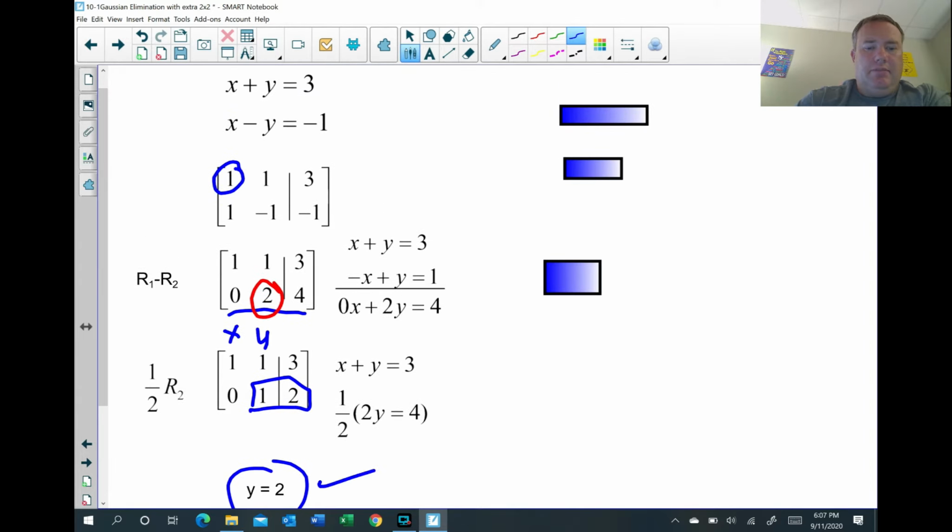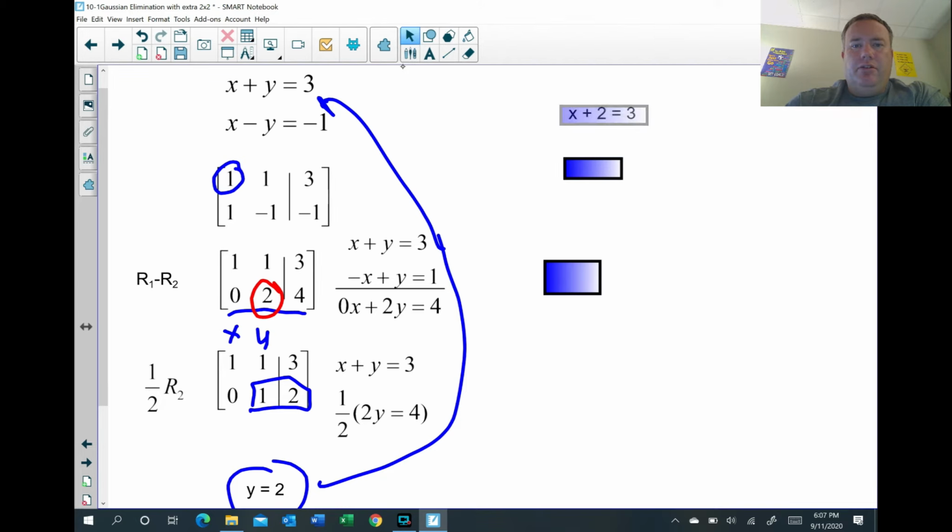It does not matter which one, either one, and you solve for x. I use the first equation: x plus 2 is equal to 3, add negative 2, you get x equal to 1. So the solution is (1, 2).